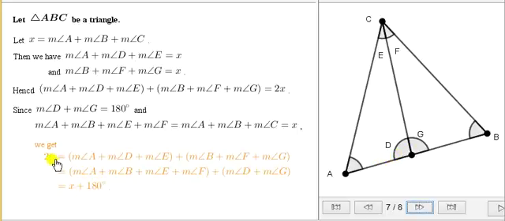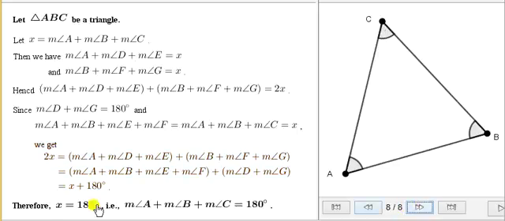So by subtracting x from both sides, we get x equals 180, which is the sum of the three interior angles. So we can claim that the sum of the interior angles of a triangle is 180 degrees.